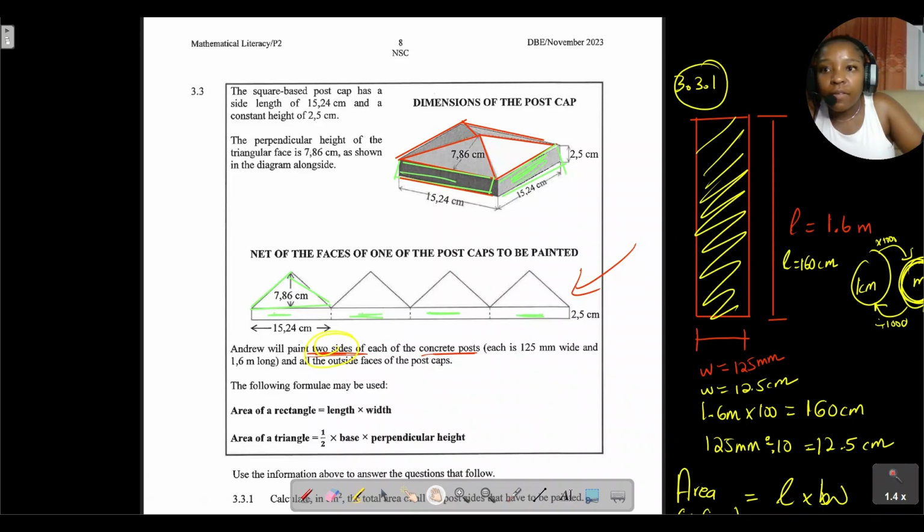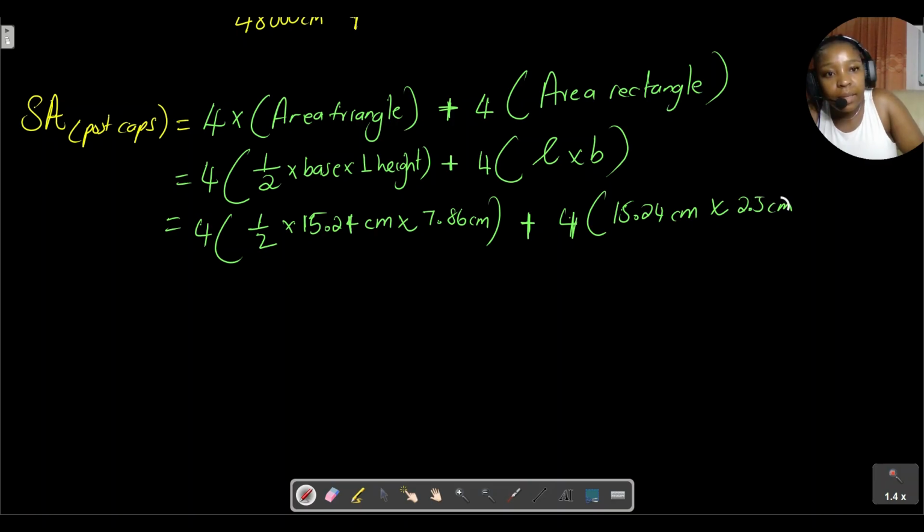Let's see what we were given. So the breadth is the height. If this is the length, then this is our breadth, because we are just focusing on this shape. So it's 2.5 centimeters.